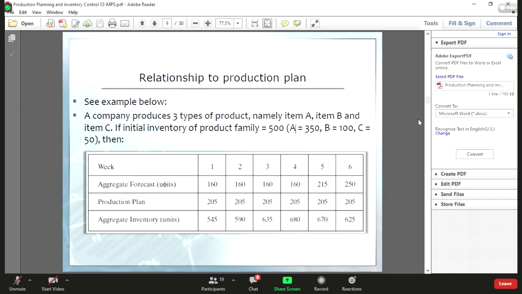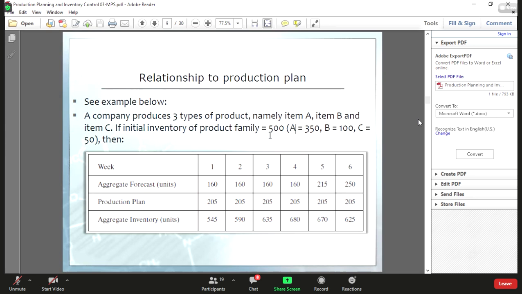If the aggregate forecast is this one, and after we calculate the production plan using chase or level, let's say this is the result, just for example, then the aggregate inventory will be like this. From where can you verify the aggregate inventory? Why 545?